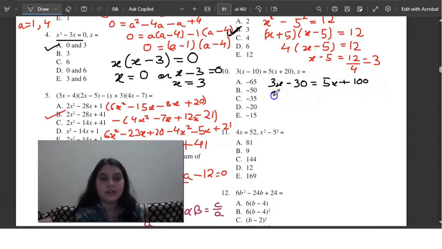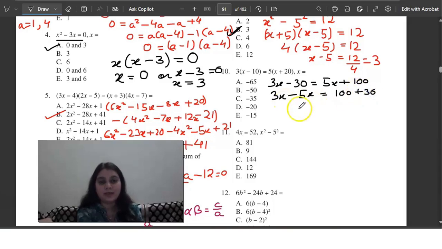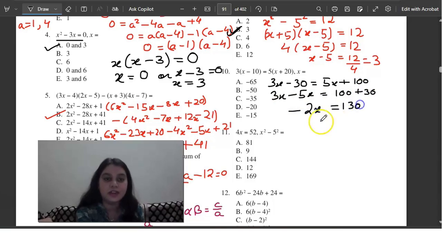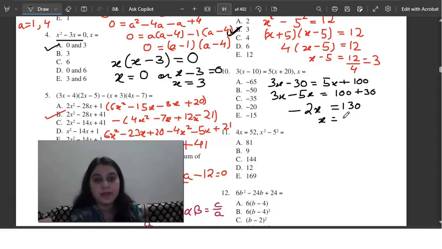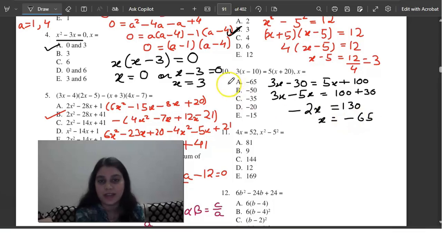So this can go here. 3x minus 5x equals to 100. This negative 30 will be positive 30. So 3x minus 5x is minus 2x is equals to 130. So x is equal to 130 divided by minus 2. So 130 upon 2 will be 65 and we have a negative sign. So it's negative 65. That's A.